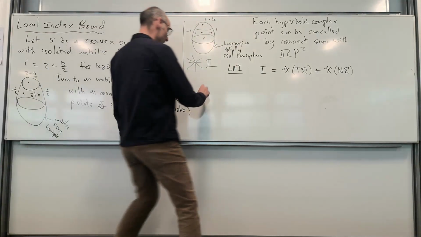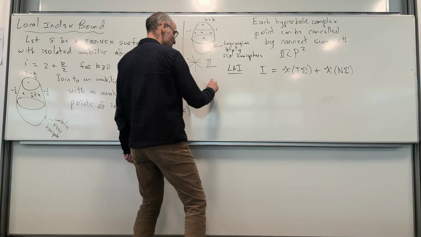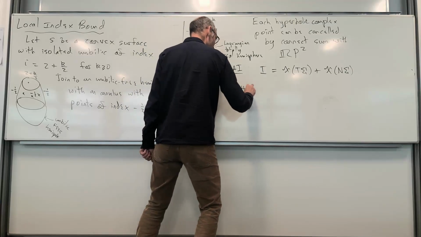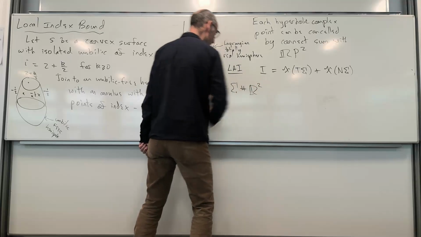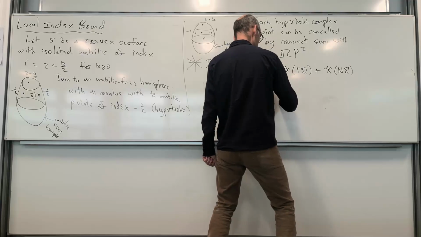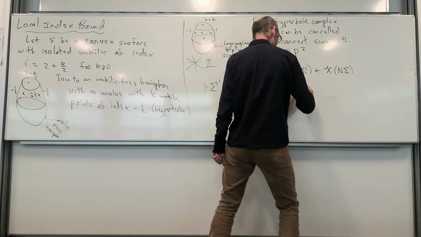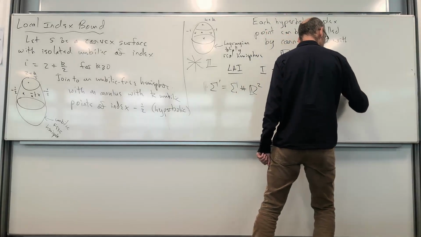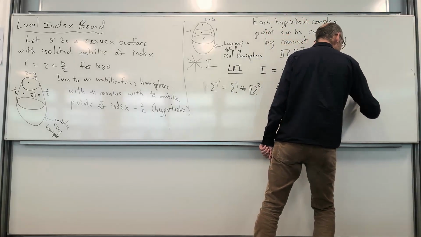Now, if you take your surface and you connect sum with an RP2, let's call that sigma prime, then the Euler characteristic is going to go down by 1. It's the Euler characteristic of the original minus 1.